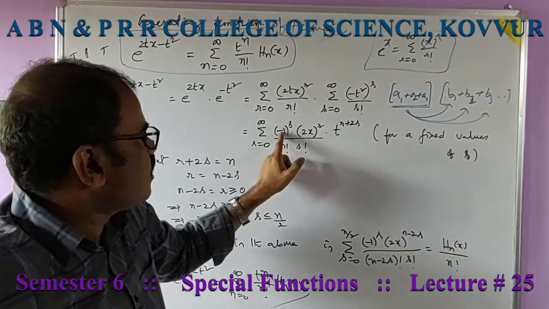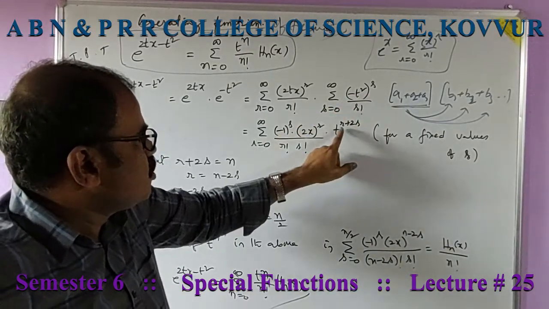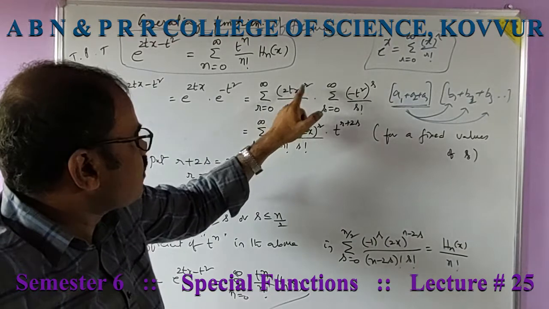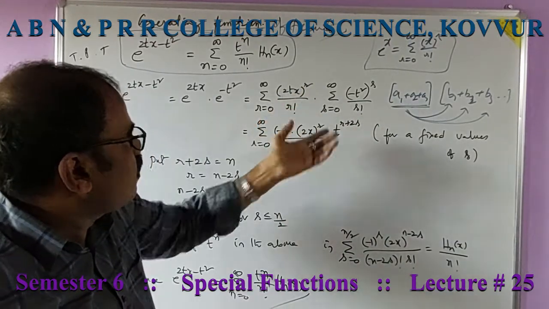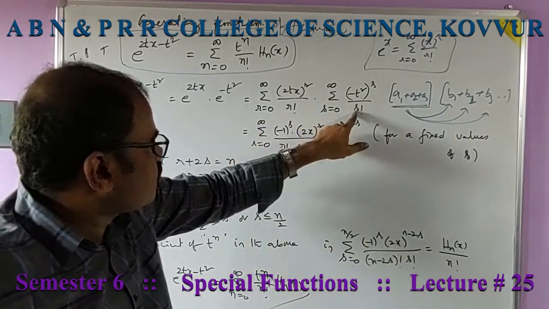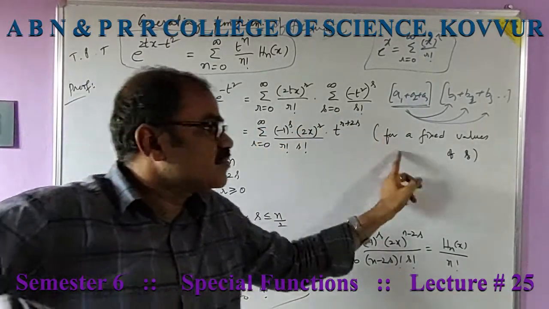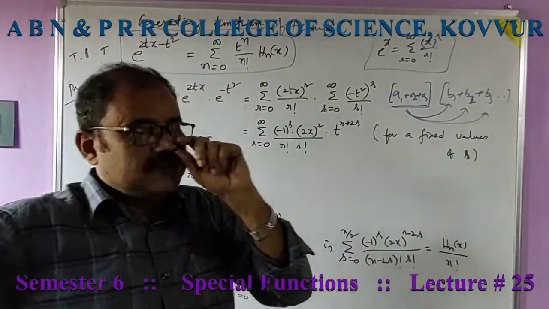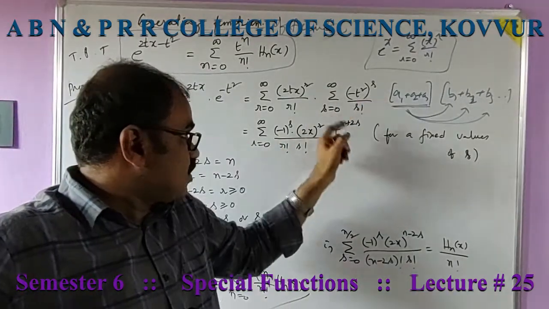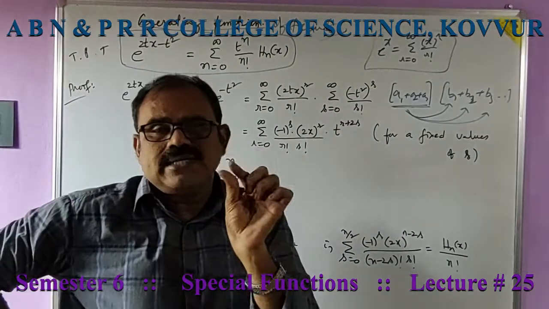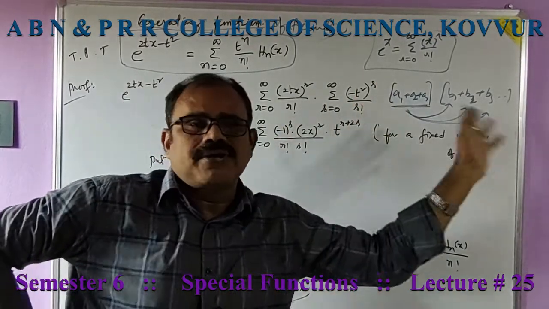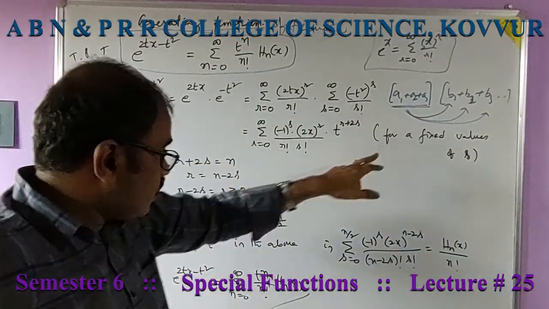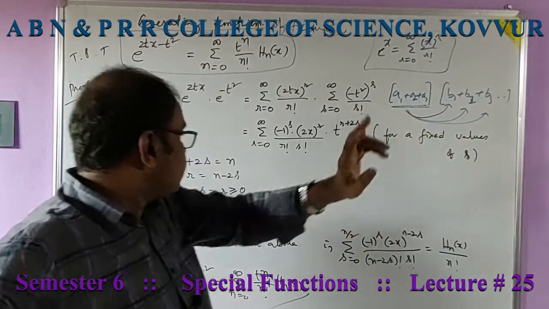The negative sign is here, (−1) power s, t to the power of 2s, this is t power r plus 2s, this is (2x) power r, and the denominator is r factorial into s factorial, for a fixed value of s. In this second summation, we have considered only the general term, one term, not elaborated all. That is why it is called a fixed value of s.